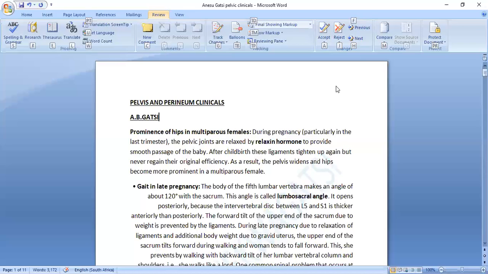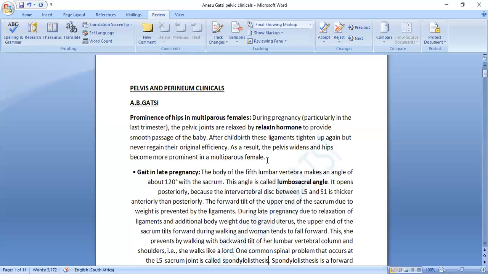Then after parturition, that is childbirth, you realize that there's a decrease in this relaxin hormone, and these ligaments will not actually regain their original efficiency. So the pelvis will then remain wider, thus we end up having wider hips in these multiparous females.